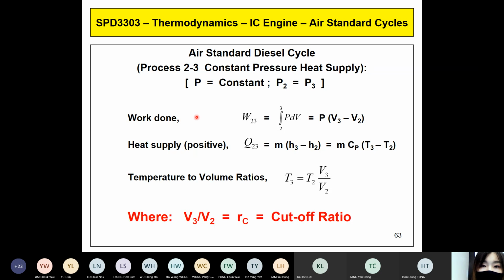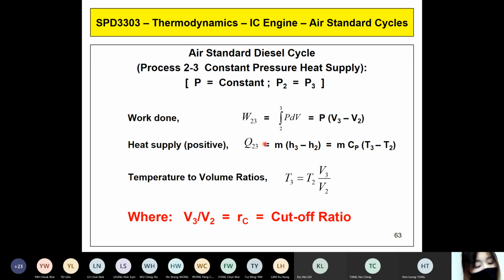Work done is positive, and heat supply is also positive, because of the direction. Heat supply to the system is positive. Heat rejected from the system is negative. Work done by the system is positive. Work input to the system is negative, because of the direction.